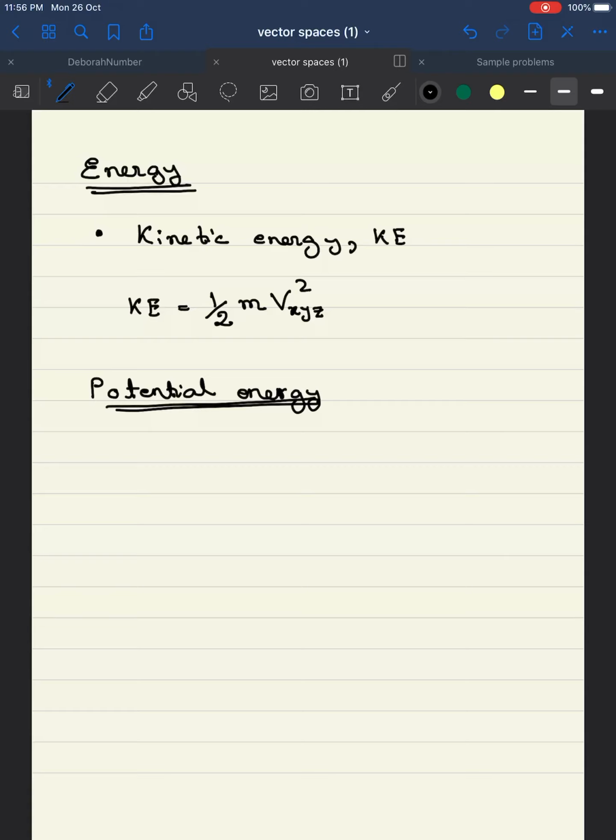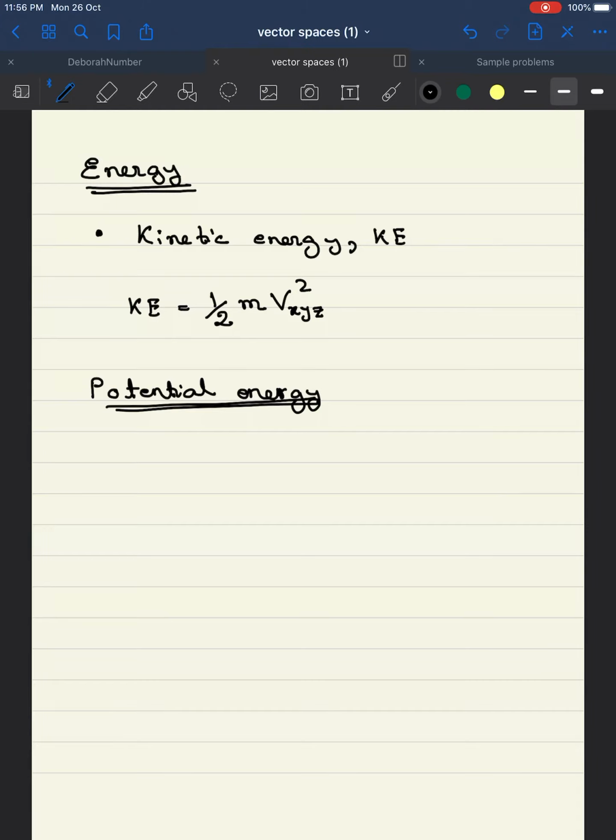So potential energy is basically the energy associated with a system's ability to do work in an external force field, basically a conservative force field. And obviously the most common example of potential energy is when you do work in a gravitational field, right?